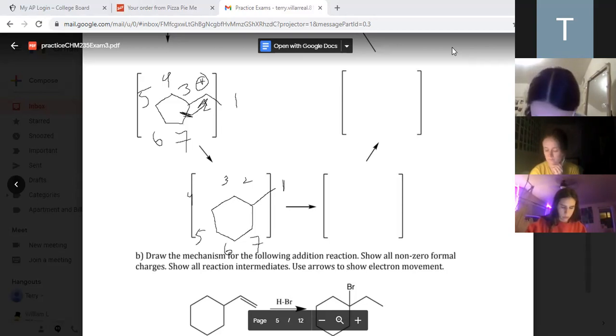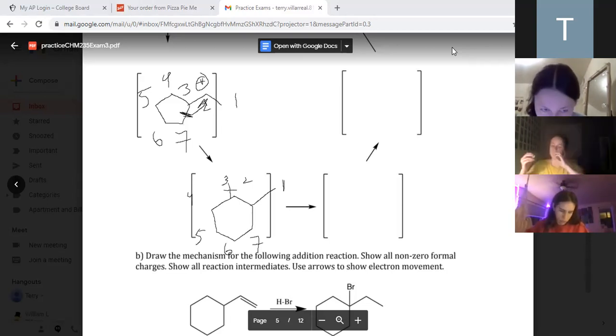Which carbon lost the methyl group? Carbon 3 is going to be my carbocation now. Now, what type of carbon is that? Primary, secondary, tertiary? Secondary still. It is the secondary next to a tertiary.